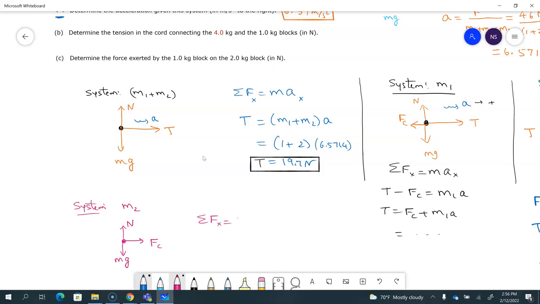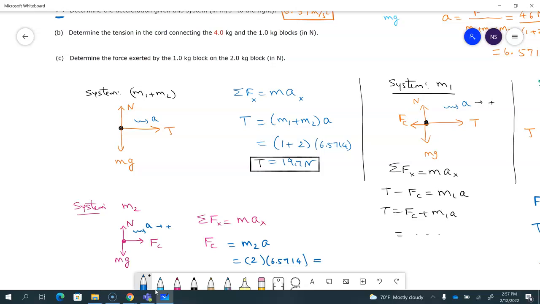So net force is mass times acceleration, and net force is Fc, and that's what's giving this an acceleration A. That's my positive direction, so Fc is equal to m2 times A, right? And m2 is 2 kilograms, and acceleration is 6.5714, whatever.